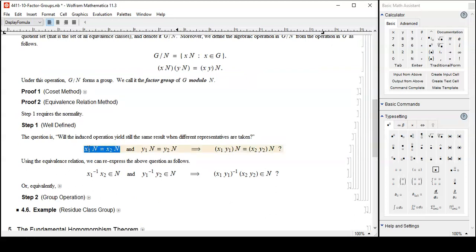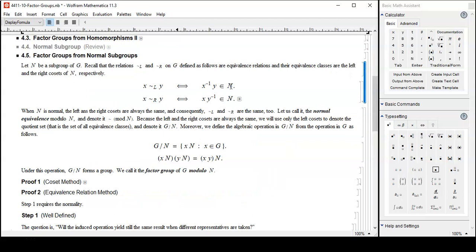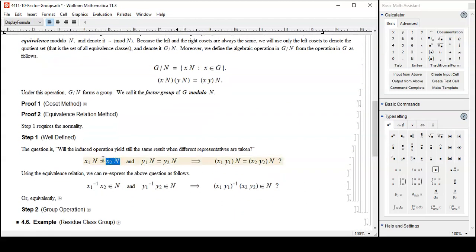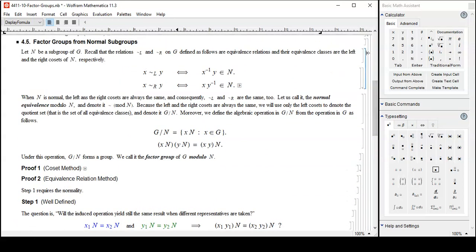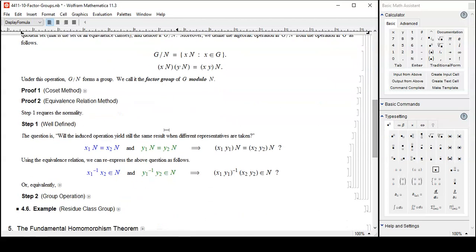Instead of taking the same coset, let's apply this left coset relation, which we call the normal equivalence relation. So re-express this blue into this and this green into this green. And then of course we have to use the fact that N is normal.